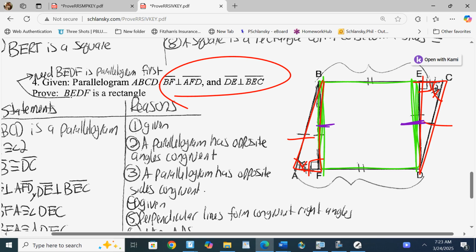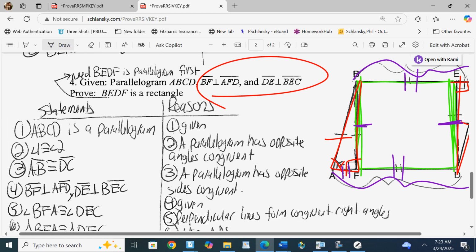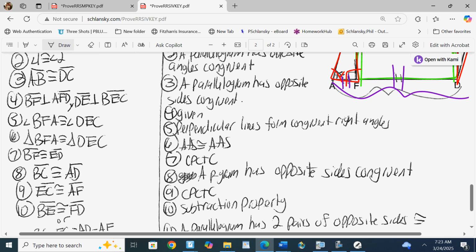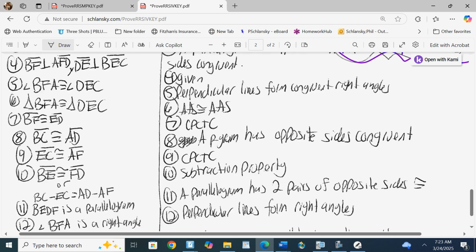This part is tricky. To get the other pair of opposite sides, well, since the big thing is a parallelogram, these are congruent. Since the triangles are congruent, these are congruent, and I can use the subtraction property to come up with this. And if you want to see what that looks like in the proof, you can see that whole process here.